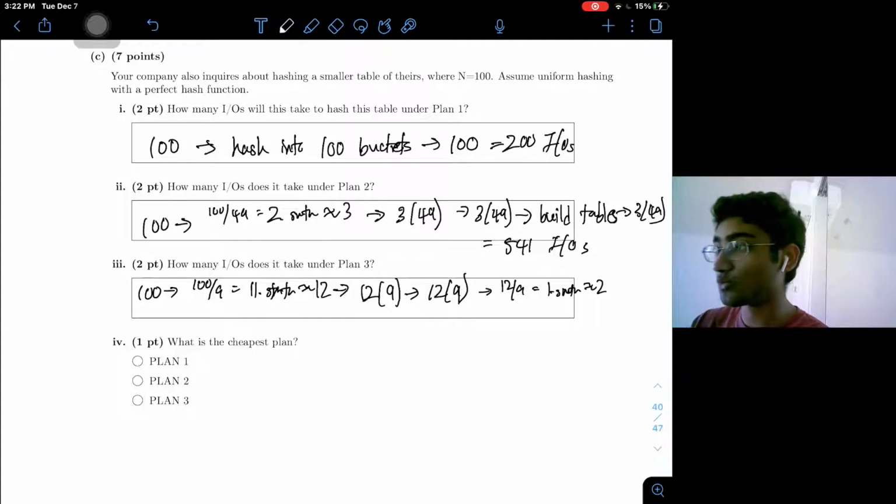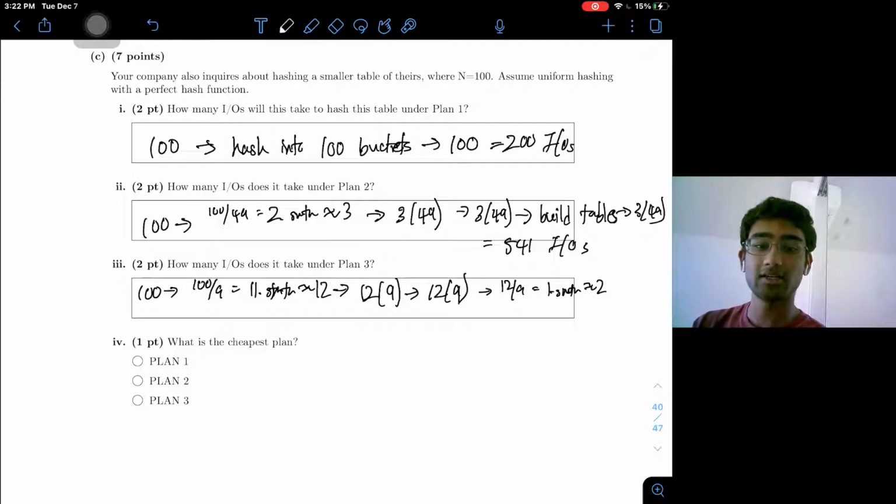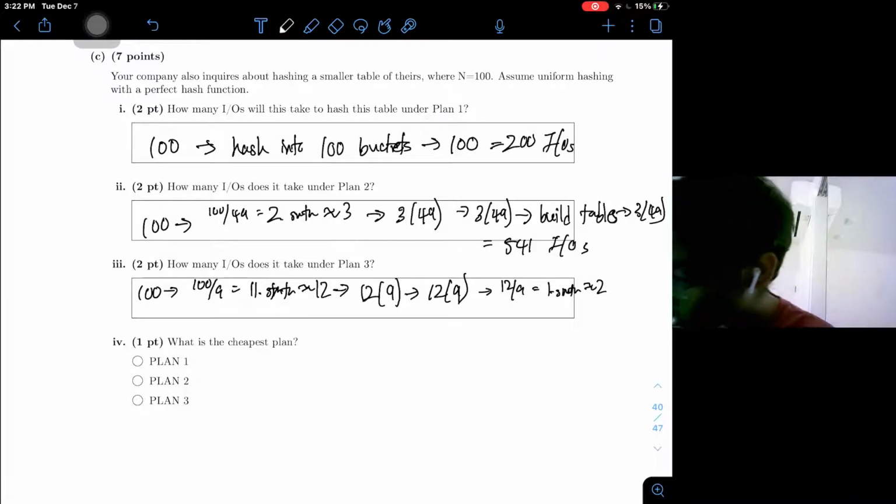And so in this case, we are going to write 18 partitions, 9 partitions of size 2, or 18 partitions for each of the 9 partitions. So this gives us 18 times 9 IOs.